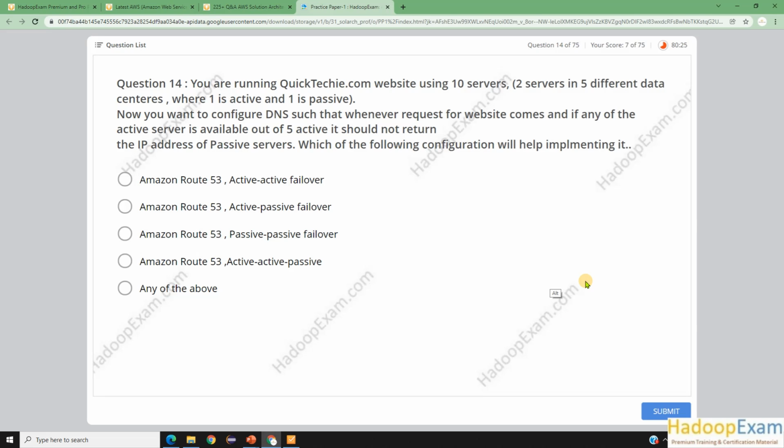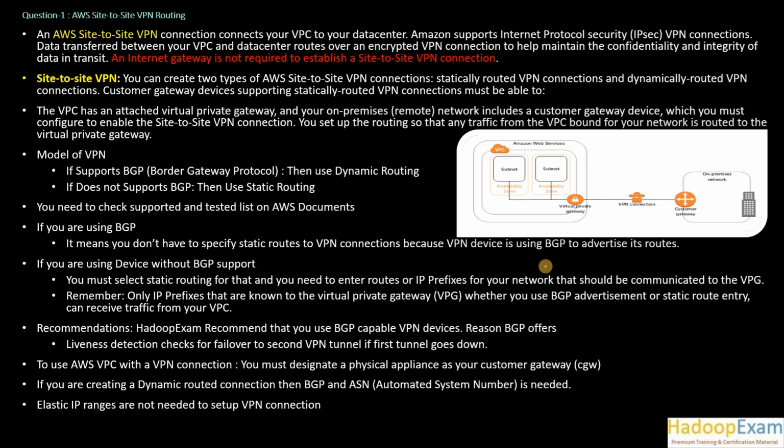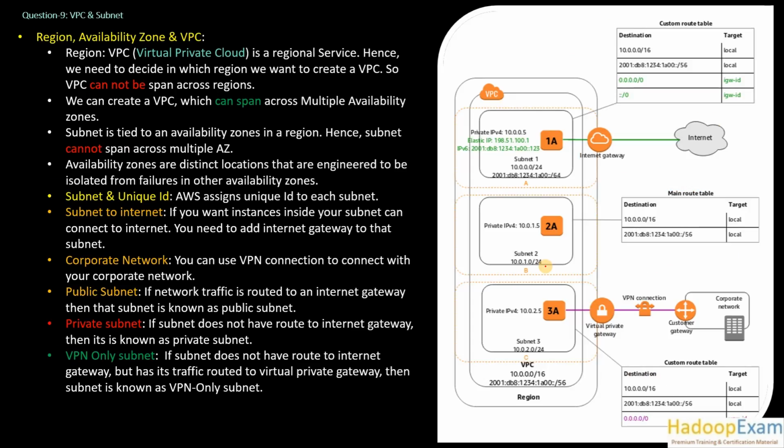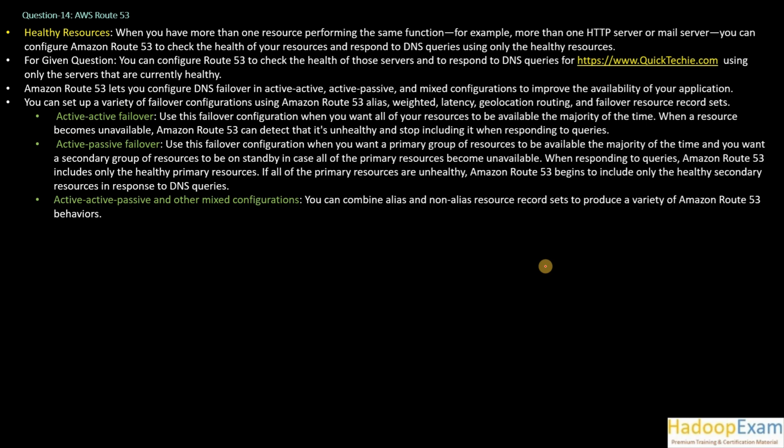Before answering this question, let me go to the explanation and then we will come back here to answer it. Amazon Route 53 is a DNS solution. It decides what IP address should be returned when a website is hosted on multiple servers, and from which server it should be responded.